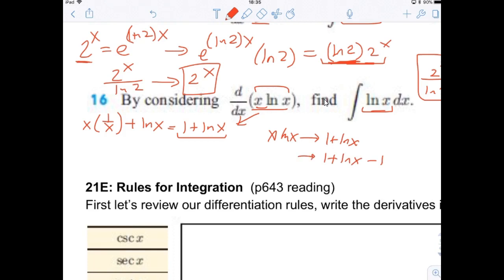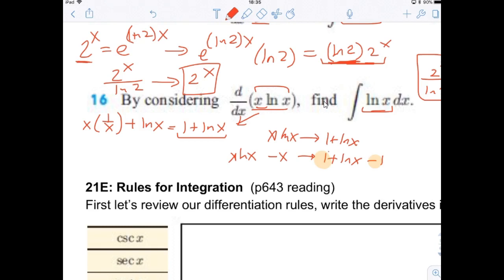If I take the integral of this, it would be x natural log of x minus x, right? If I took the derivative of this, it would give me this, right? So that's a pair. But if you look at this, the 1 and the minus 1 are going to cancel each other out.